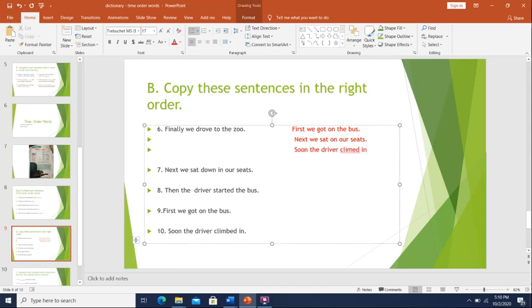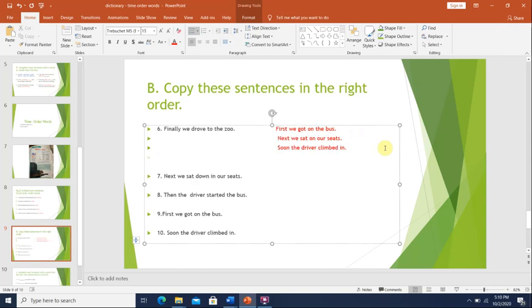That means he came into the bus. After the driver came in or climbed in, then he would start driving. He would start the bus. I would say, then the driver started the bus.